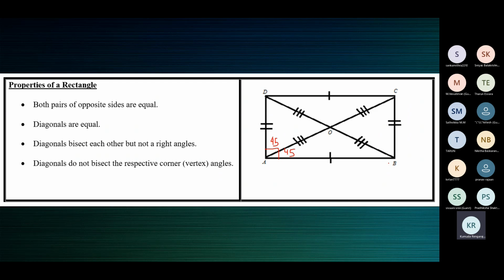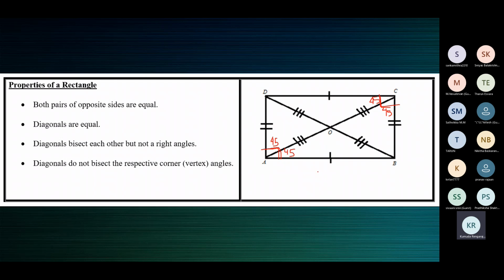In this rectangle ABCD, the diagonal AC does not bisect angle A, does not bisect angle C, which means it cannot be 45, 45. This is 90, so it can be like 20, 70, 30, 60, 50 and 40, two angles that add up to 90, but cannot be 45, 45.